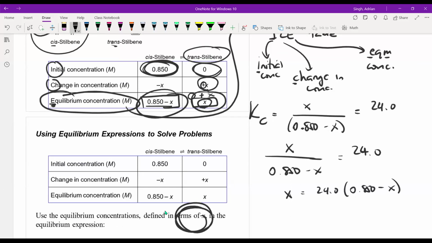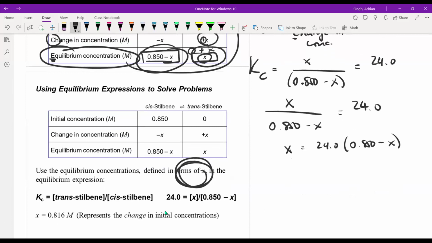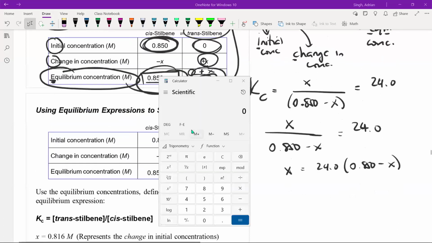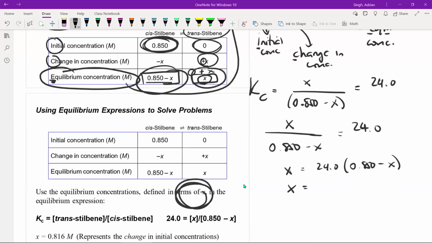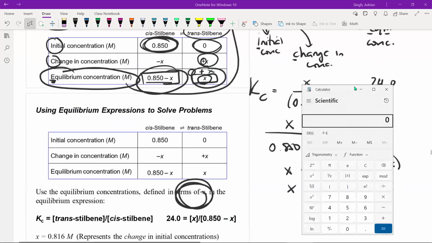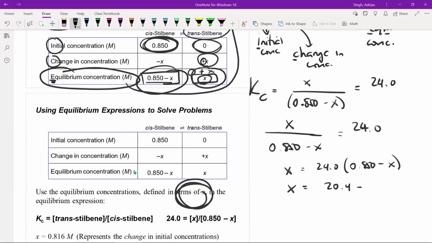And then what we can do is isolate x on one side of the equation. So let's evaluate this really quick on my calculator. We have x is equal to 24.0 times 0.850. 24.0 times 0.850 is going to give us 20.4 minus 24.0x. So we just multiply out.